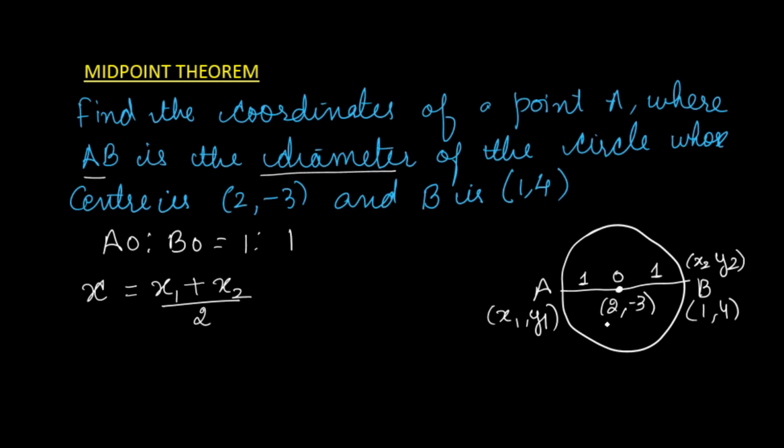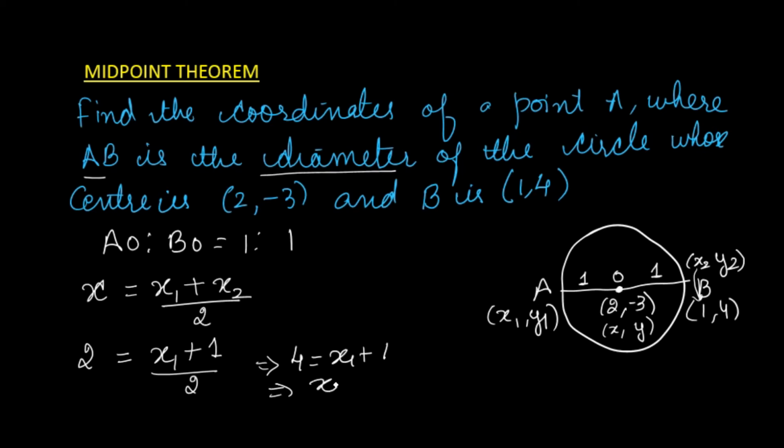In our case x is 2 and y is -3. So 2 is equal to x1, which we have to figure out, plus x2, which is 1, divided by 2. So this implies 4 is equal to x1 plus 1, or x1 is equal to 3.